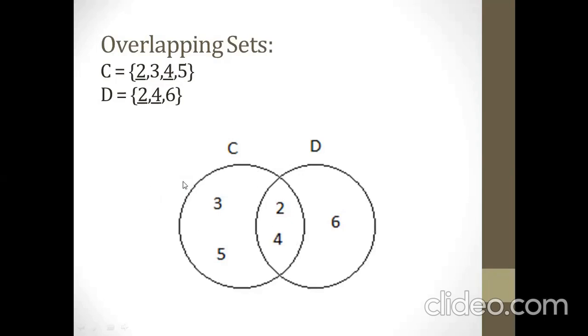Okay, and the remaining elements of set C, which are 3 and 5, we can write here, and the remaining element of set D we will write in this portion. Okay.